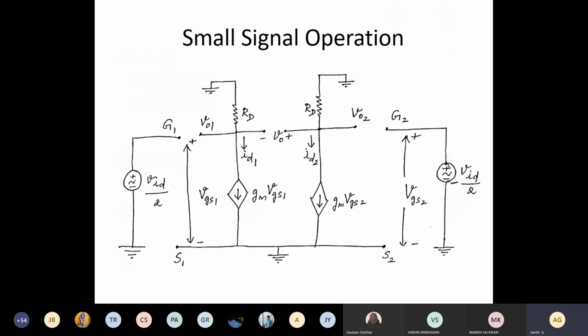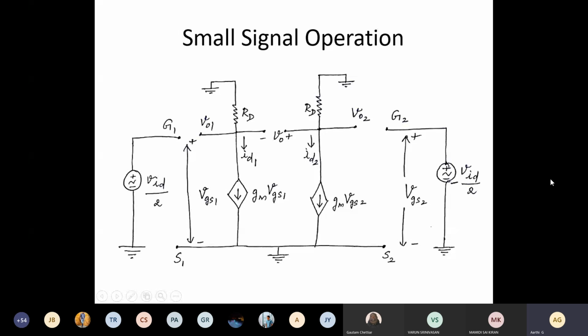Now we are going to apply AC input. This is plus VID by 2 and minus VID by 2. So you draw the circuit diagram. This is for the AC analysis. Here we have the gate terminal G1, where VID by 2 is given to the gate of the first transistor, and at gate terminal G2, minus VID by 2 is given to the second transistor.